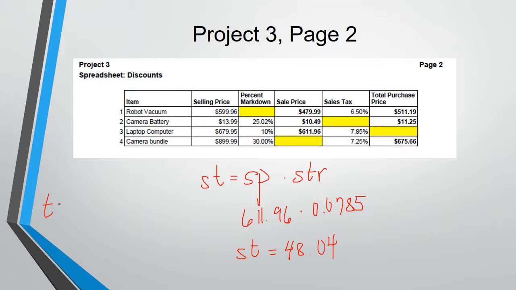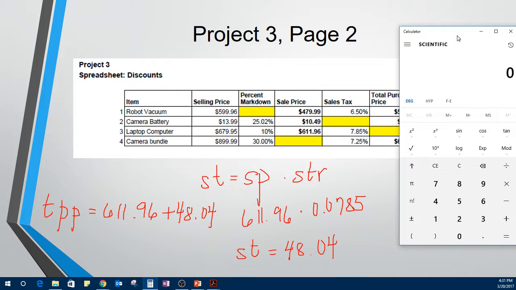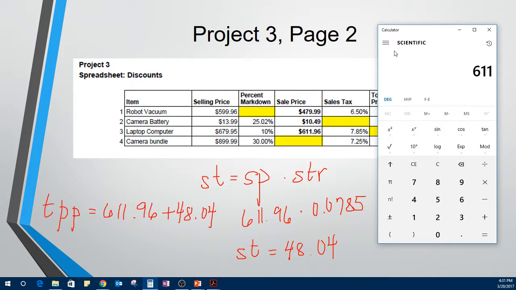I'm sure if you go shopping, you pay attention to your receipt. They automatically calculate this for you, obviously, but that's how they get the total purchase: they add how much you spent plus the tax. So we have $611.96 plus $48.04, giving us $660. And that's the final answer.